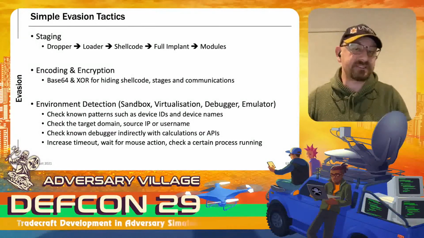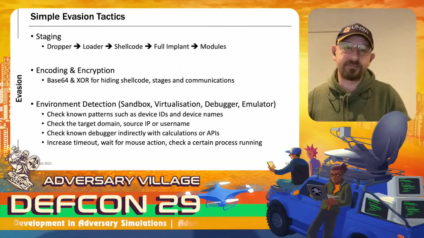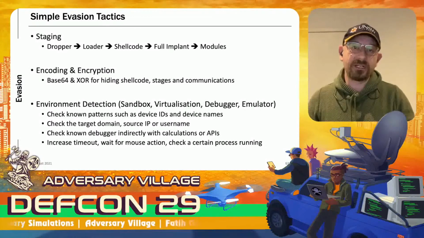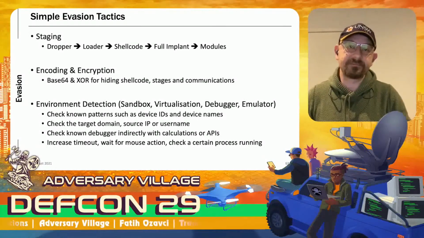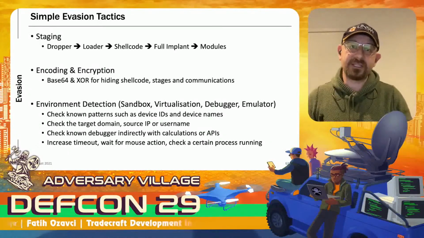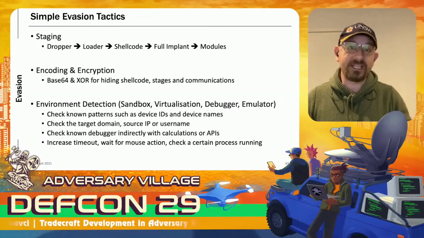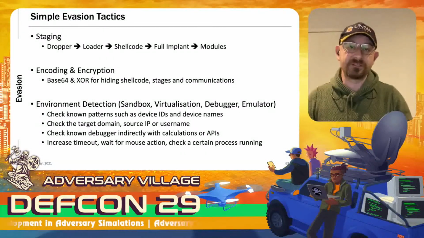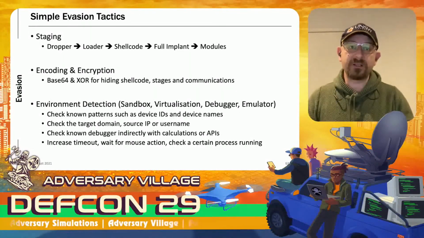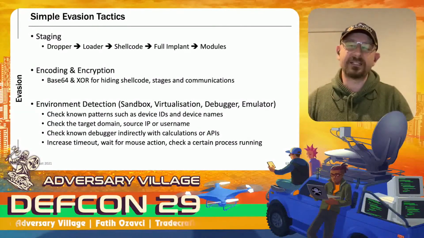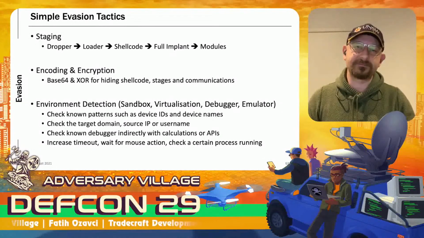For example, check the device IDs, check the device name, and try to understand whether the environment is virtual or real or fake. Then you can move on. And sometimes you need to even define the target and try to detect the target there. For example, is this IP in scope or not? This was also used by Nobelium in the SolarWinds campaign.